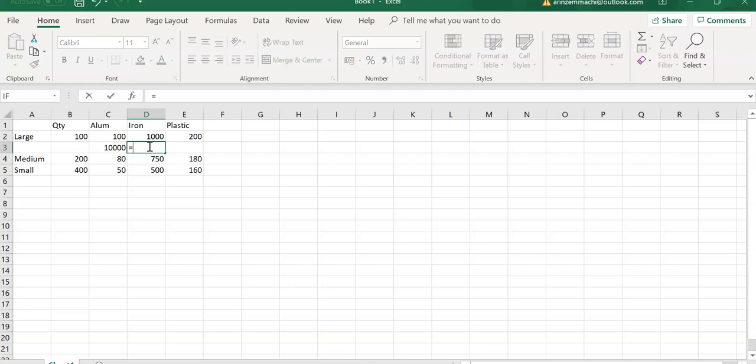I could start using formulas, but I just want to make sure you understand.